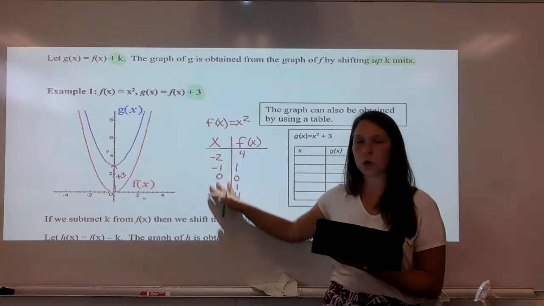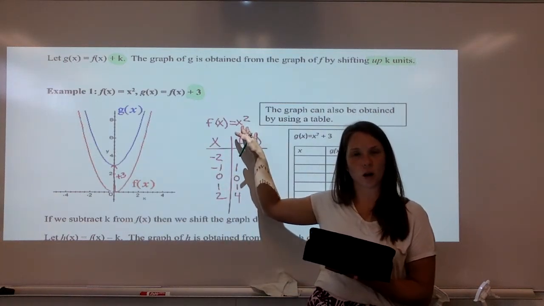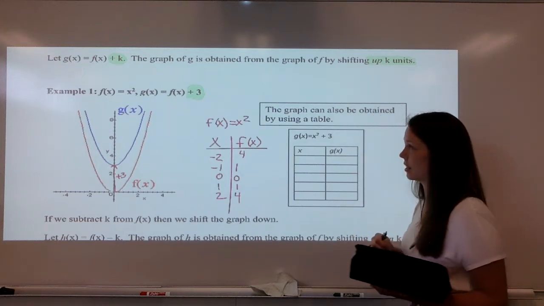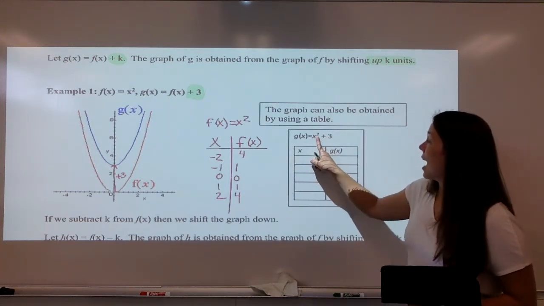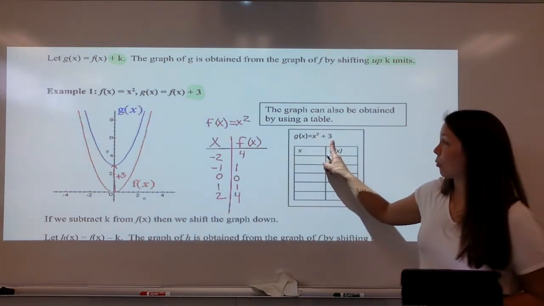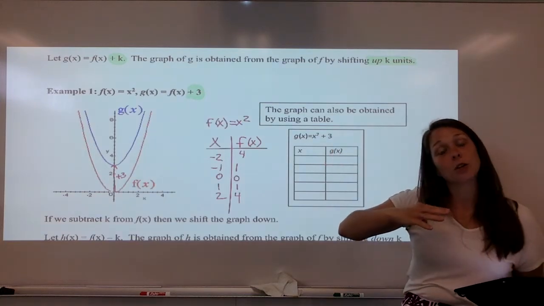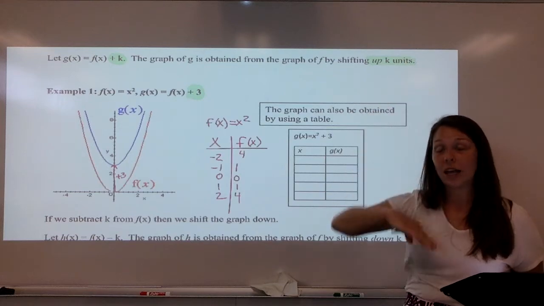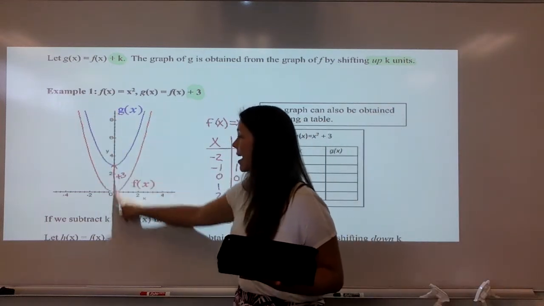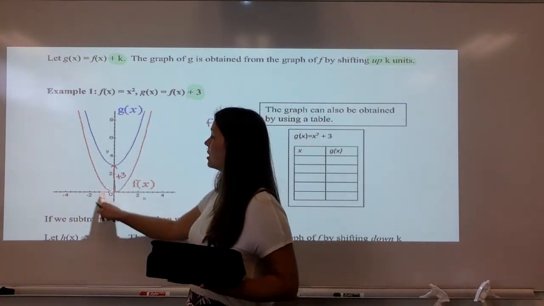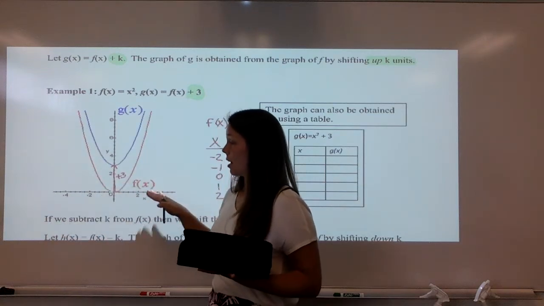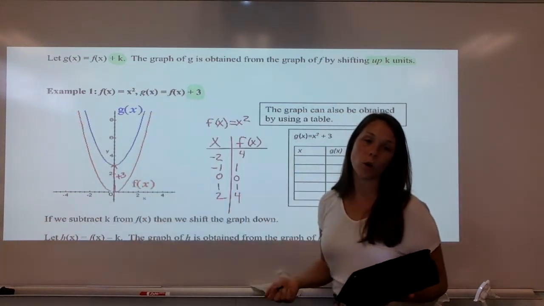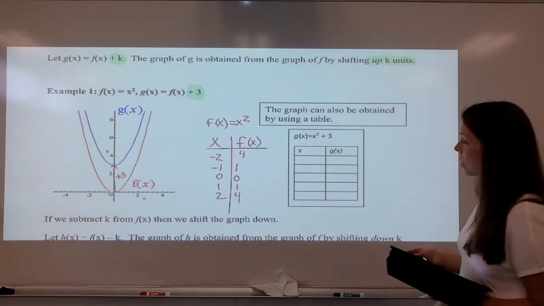We've already gone through and created this table for the parent quadratic function a couple of times now in 1.1 and in the warm-up of this lesson. Now it says that we are adding 3, meaning all of my values are getting shifted up 3 units. Now going up, that's vertical, and your vertical axis is the y-axis. So notice how all these points are going to be still keeping the same x values, but it's the y values that are going to be increasing by 3 here.